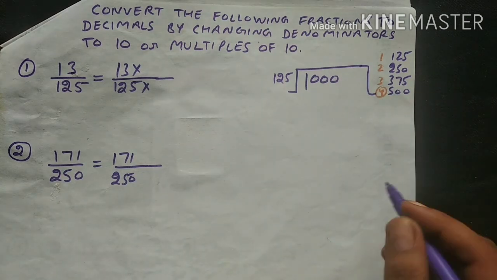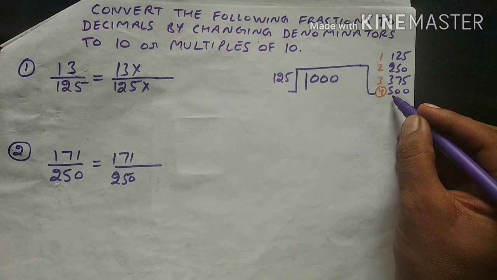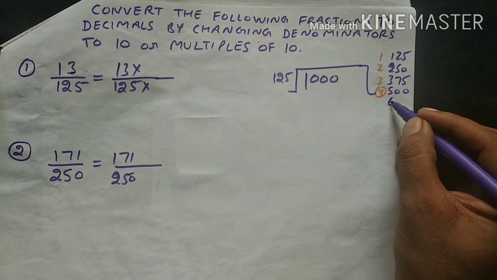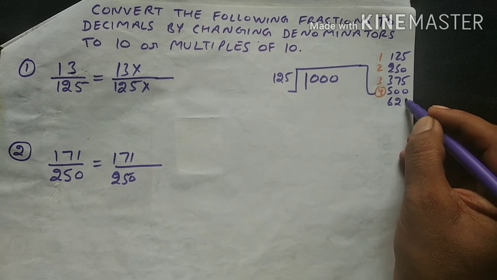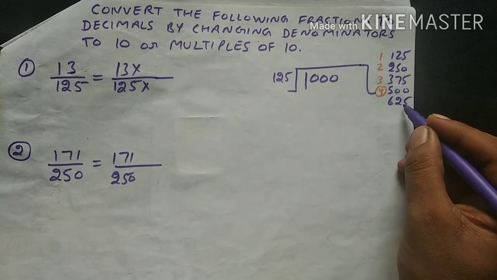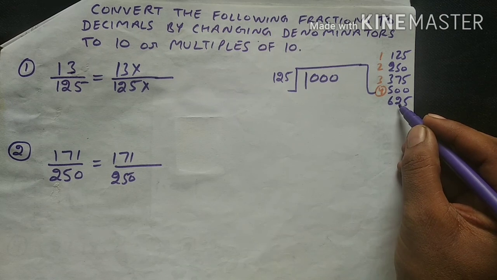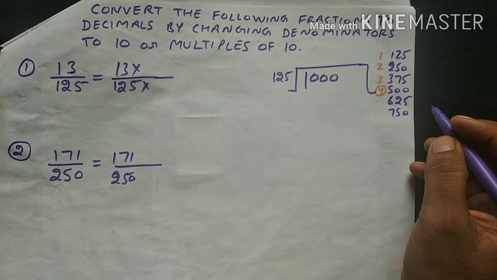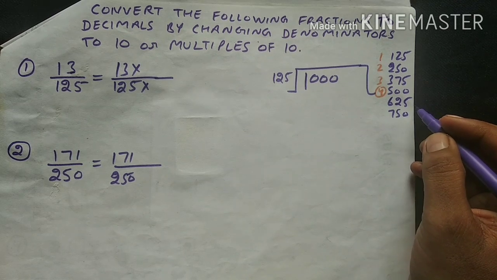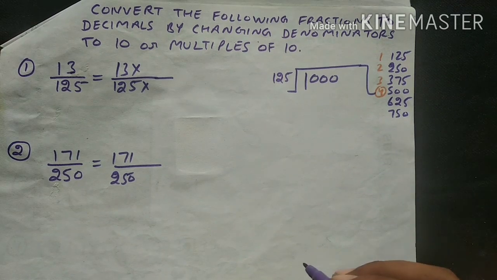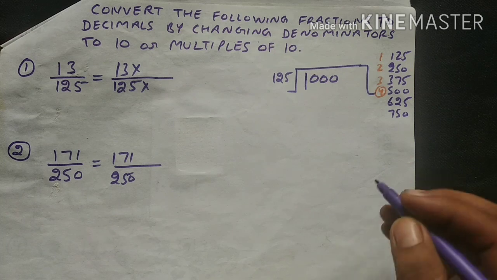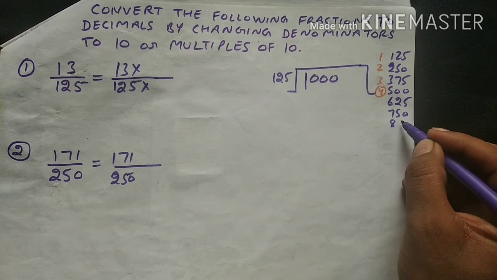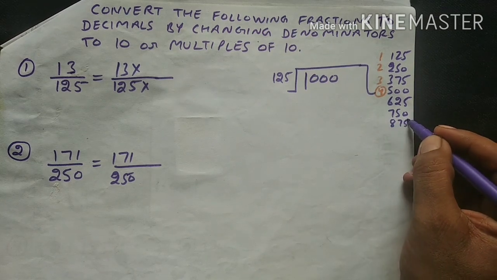But if you don't understand, then you can write the question. Then you can see that after this 625, then 750, after that 875.